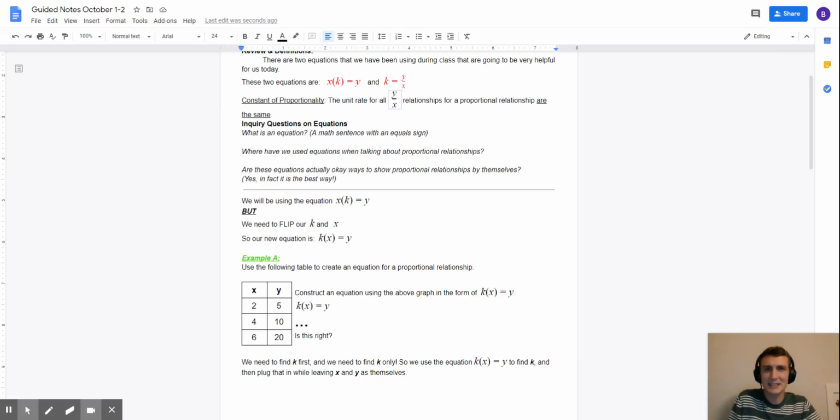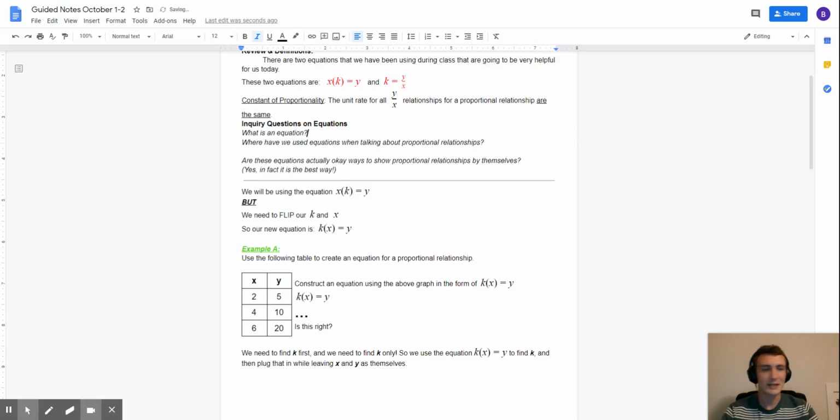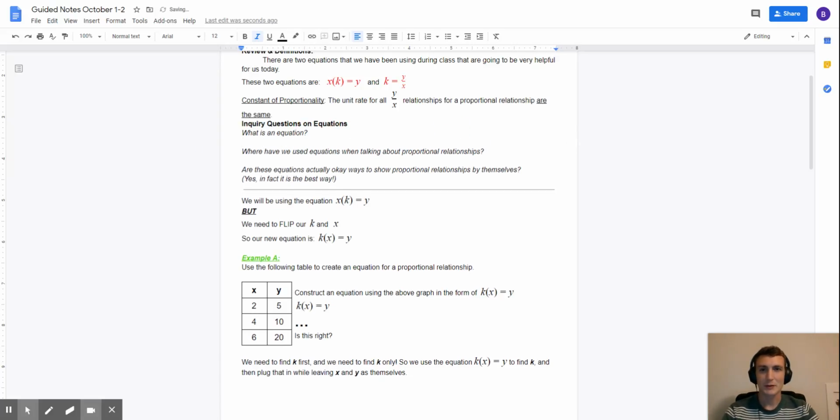It's kind of like a sentence because it works like that. You need a noun, you need a verb, you need variables, but you also need an equal sign. An equal sign is what makes an equation. So this is not an equation, but these are equations, because they have equal signs. So that's what an equation is. And you don't have that on your paper.